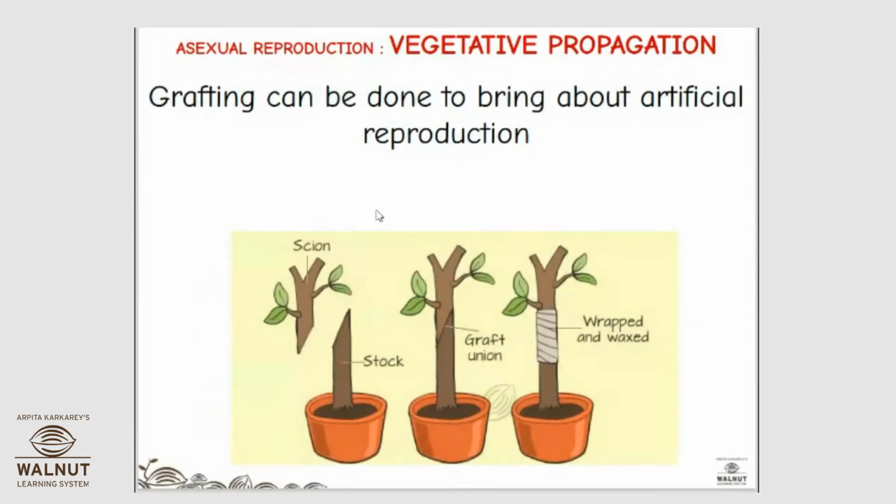Now, another method of vegetative propagation is called grafting. You would have seen this grafting, how you do it especially for flowers, rose and all. So grafting is a method of artificial reproduction again. You will not even say completely asexual. You should also say it is artificial because this is done manually.